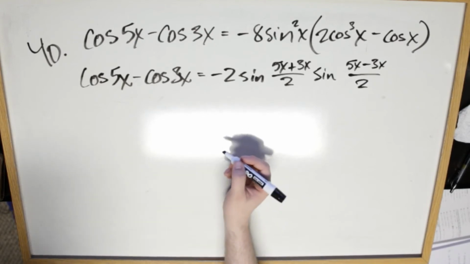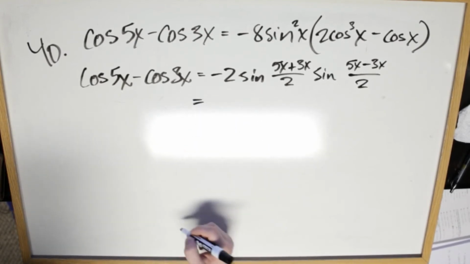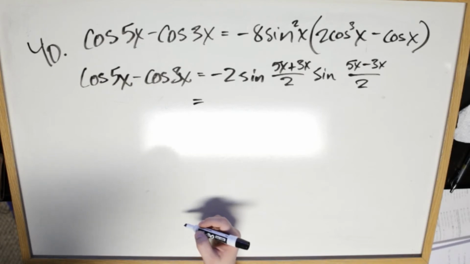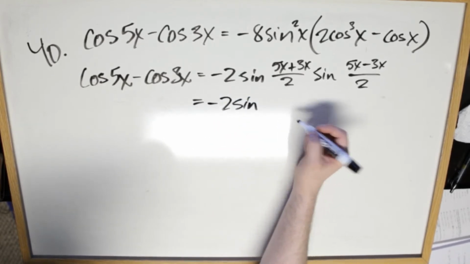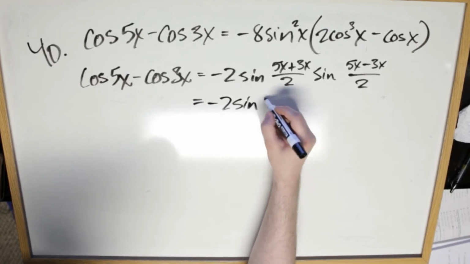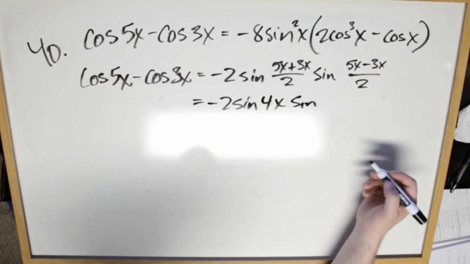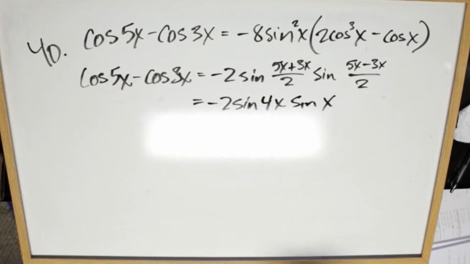Okay, so now let's just simplify it. Minus 2 sine, 5x plus 3x is 8x over 2, which is 4x. And then we've got sine of 5 minus 3 is 2x over 2, which is just sine x.